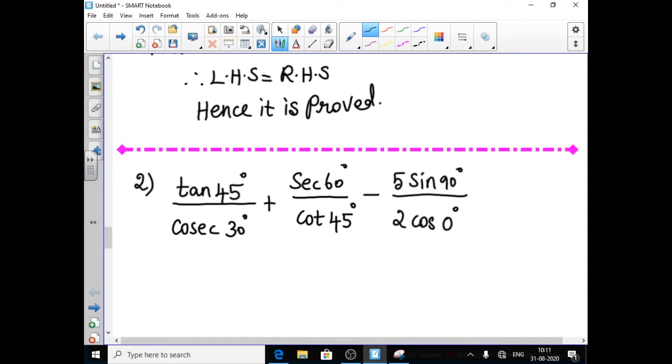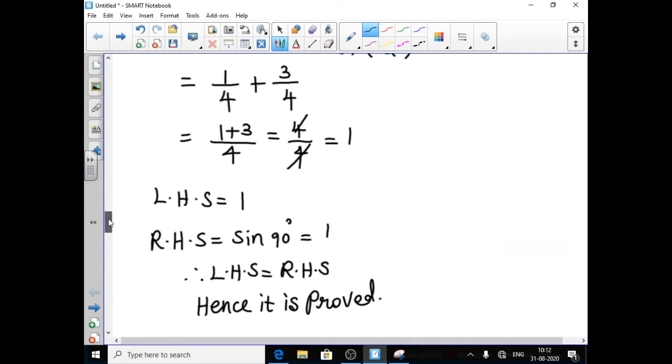Okay, so first we want to find the values of the given trigonometric ratios.